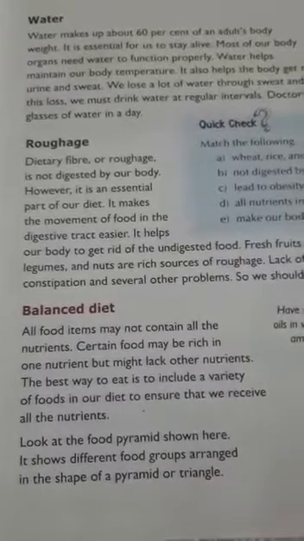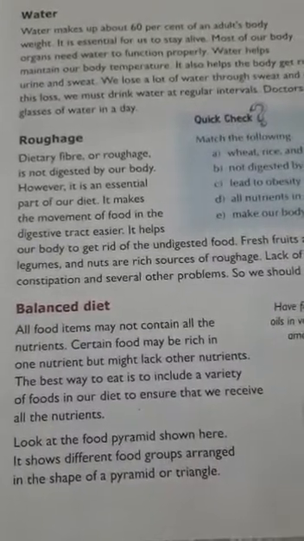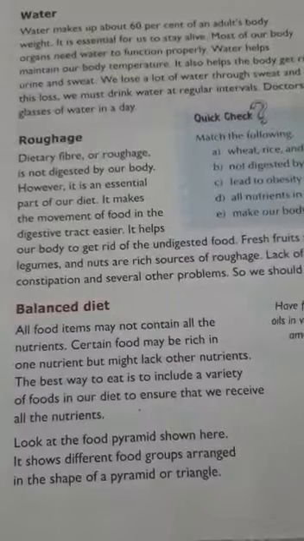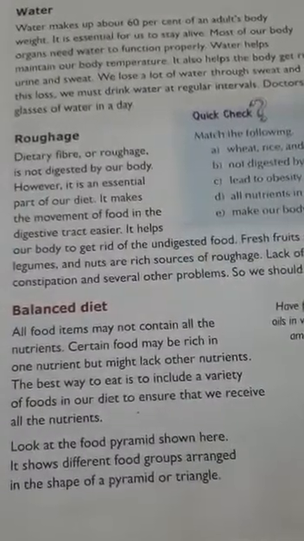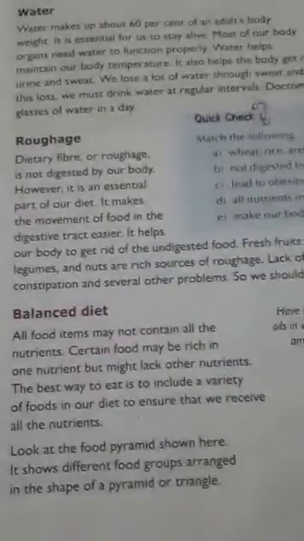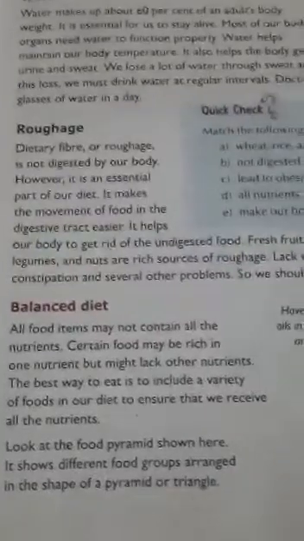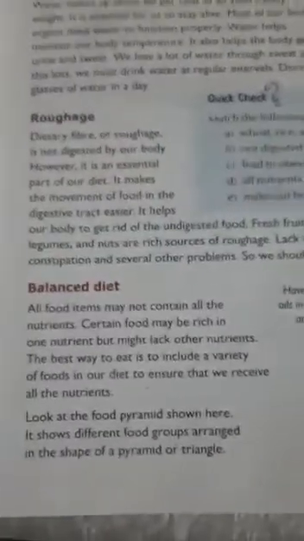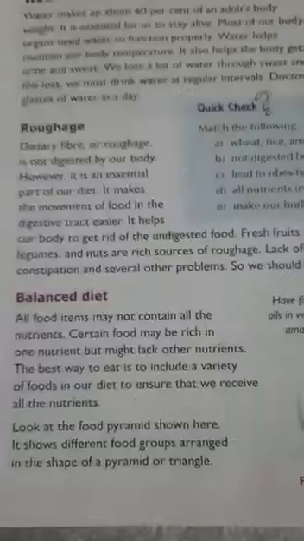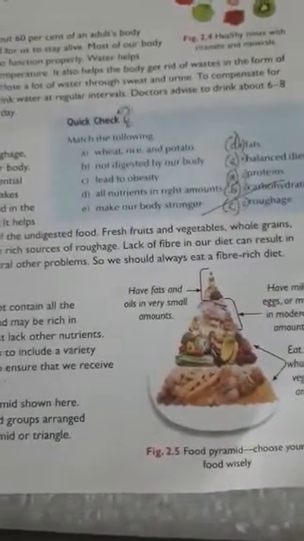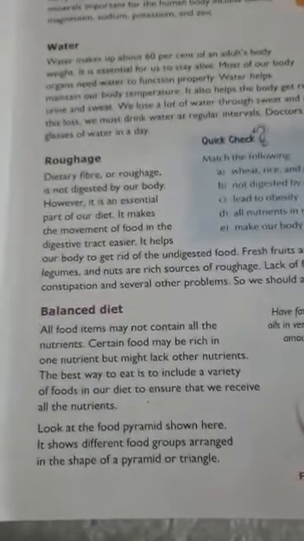Certain food may be rich in one nutrient but might lack other nutrients. So the best way to eat is to include a variety of foods in our diet to ensure that we receive all the nutrients. That's why we eat a variety of food. We don't eat the same kind of food every day or in every meal. We don't repeat the same food items. Okay, we eat a variety of food.